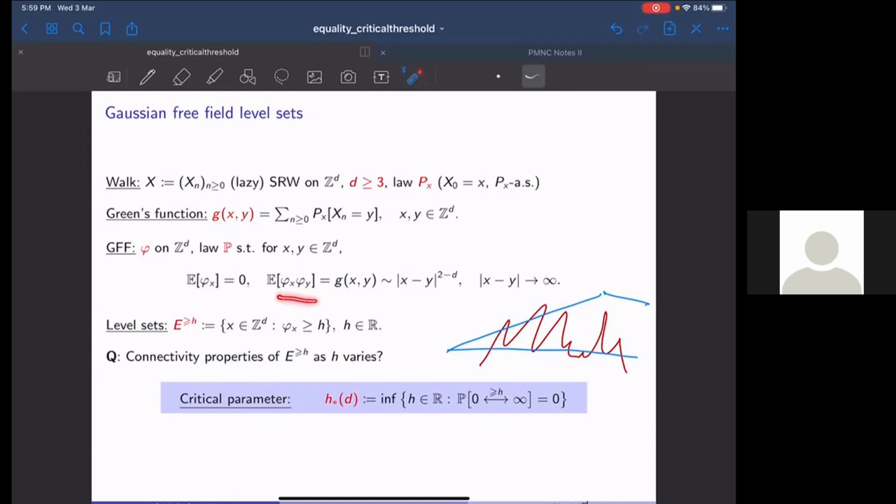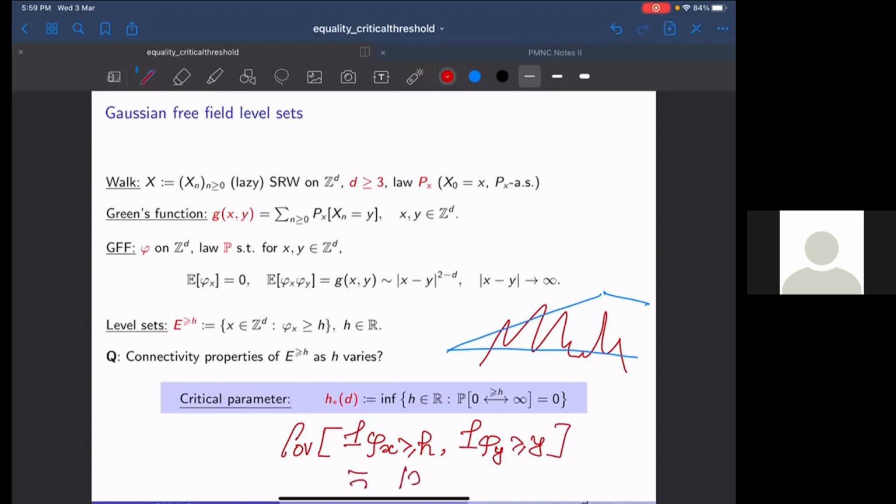And from this property, you can similarly convince yourself that the covariance of the indicator, which is essentially whether or not the vertex is open, also decays like Green's function.